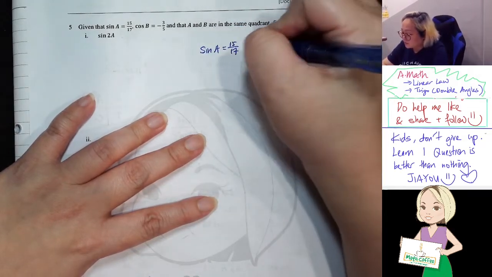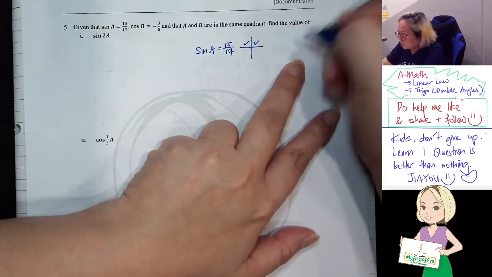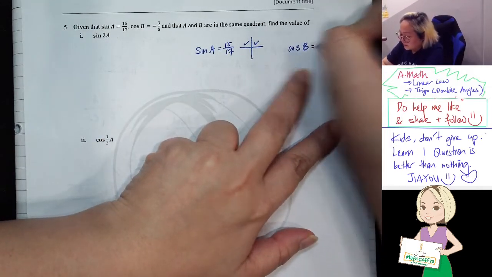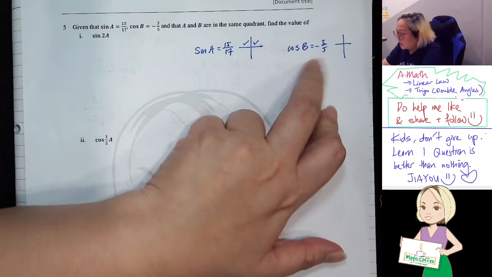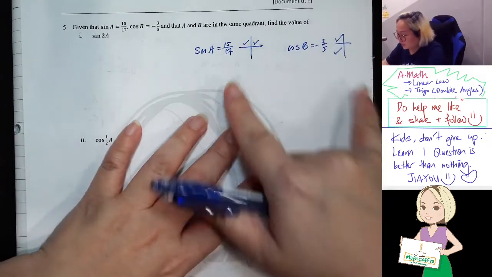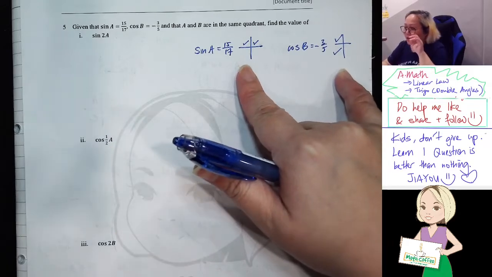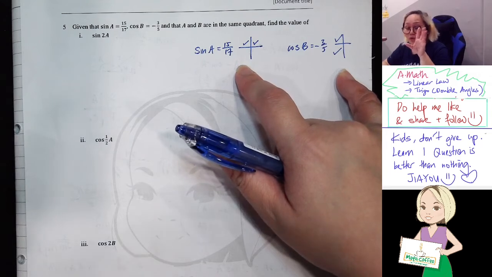So sine positive, we talk about first and second quadrant. Then my cosine B given to me is minus 3 over 5. So cosine negative is in the second and third quadrant. So this is the first decision of which quadrant we want to consider first.